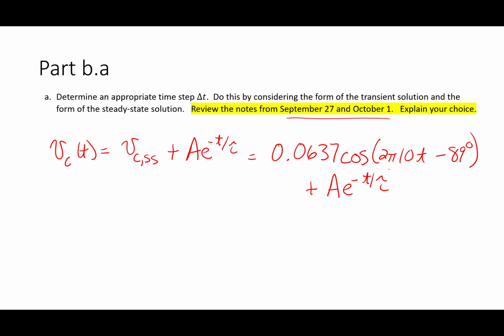I suspect you guys don't remember this in too much detail, but I said I have to think through what the time step is when I solve this differential equation numerically.